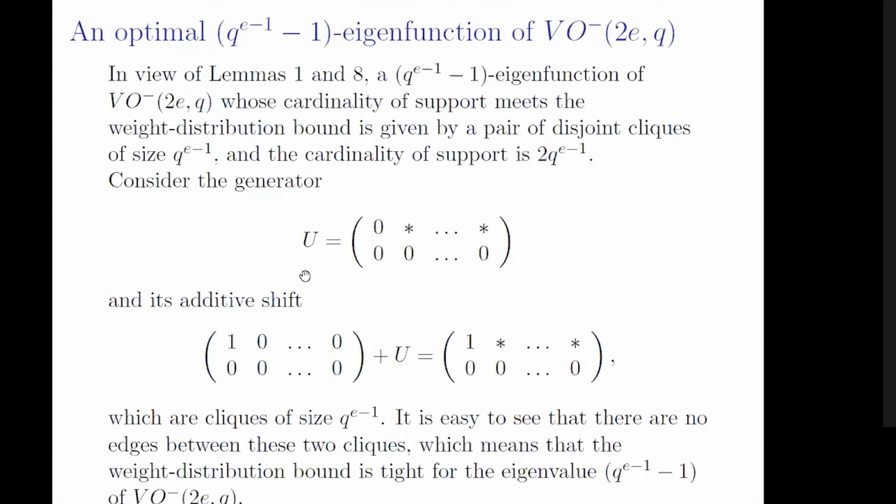In a similar way, but not exactly the same, we get a construction of 2 induced isolated cliques of certain size, which proves the tightness of the weight distribution bound.